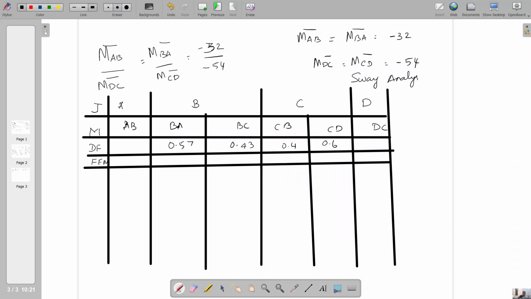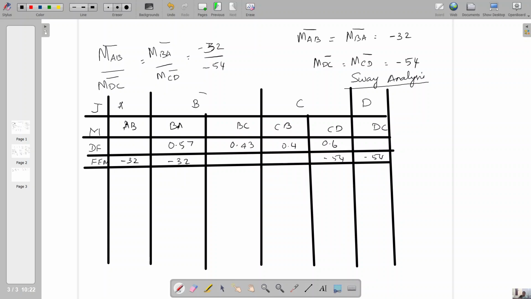Non-sway analysis is not there because of the load not presenting in any of the span of the member. Next, fixed end moment value. What is the value? MAB and MBA is minus 32. So minus 32, minus 32, and also MDC bar, MCD bar is minus 54. So minus 54, minus 54.